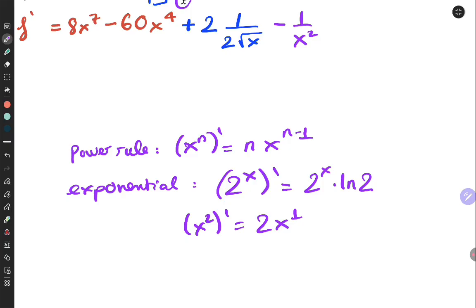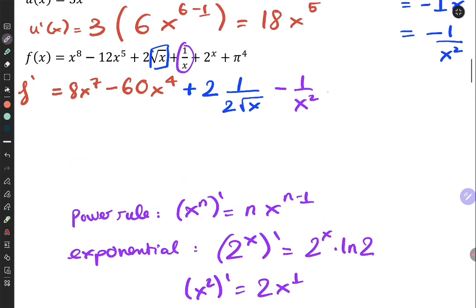Exponential versus polynomial: different function, different derivative formula. Keep that in mind. So I just put it there. You haven't learned it yet. Haven't learned plus haven't learned. Let me put it there with you.